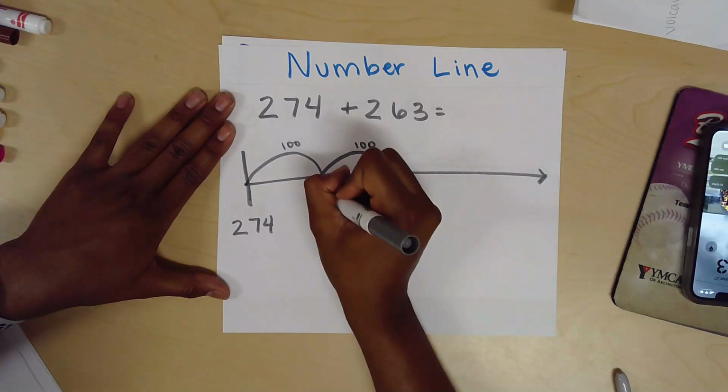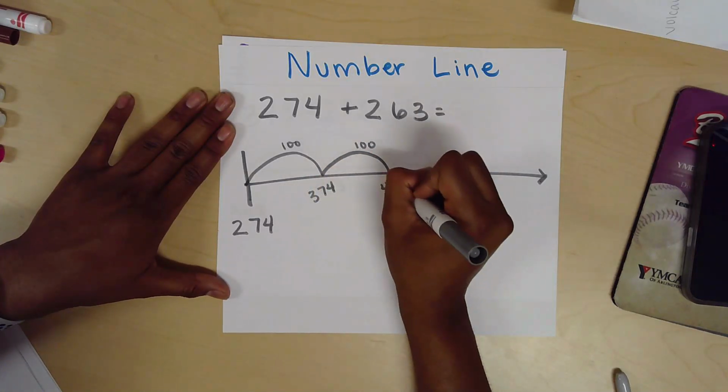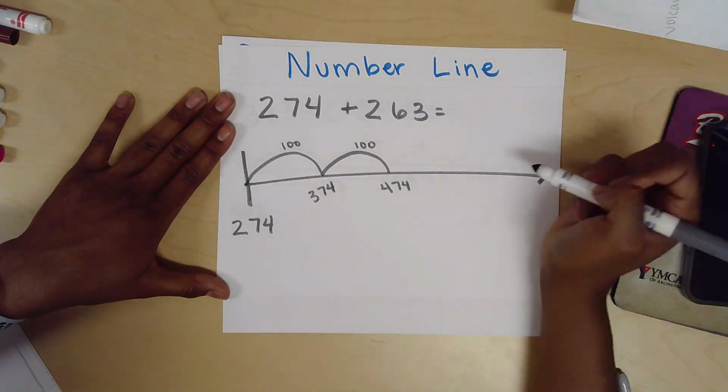So we went to 374, then 474. Then we need to add on 60.